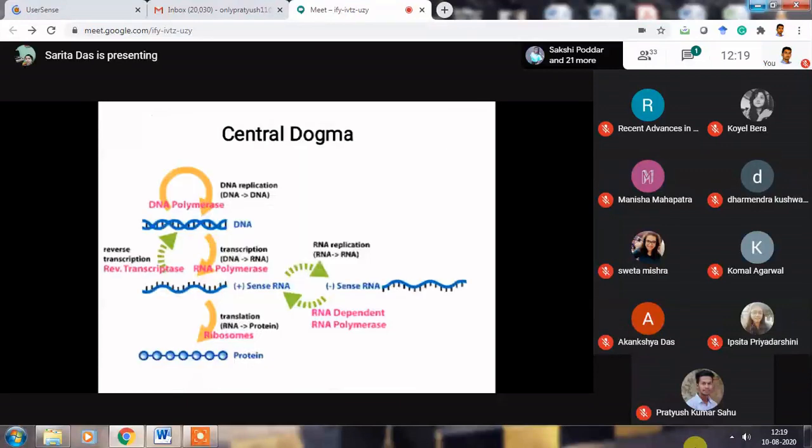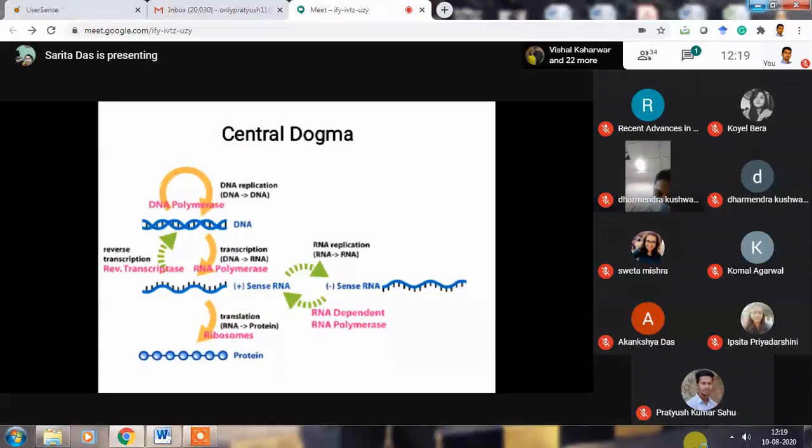And the third step is the deciphering of the central dogma, which was discovered by Francis Crick. He proposed this in 1958, and according to him, the double-stranded DNA helix is the repository of all genetic information that is stored in the cell.